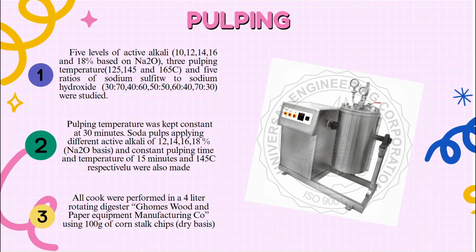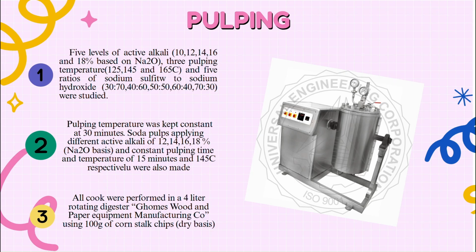As for the pulping process, firstly, 5 levels of active alkali 10, 12, 14, 16 and 18 based on Na2O, 3 pulping temperatures 125, 145 and 165 Celsius, and 5 ratios of sodium sulfite to sodium hydroxide were studied. Secondly, pulping time was kept constant at 30 minutes.